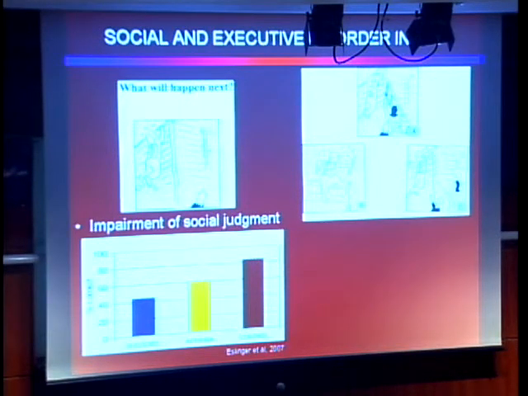And when we look at the kinds of errors that people make when they're making decisions about what should happen next, we find that oftentimes they're choosing this kind of answer. So there's little appreciation of what should happen in these kinds of social situations. And other cartoons include things like what should happen if you find a fly in your soup, or if there's a problem with the bill in a restaurant.